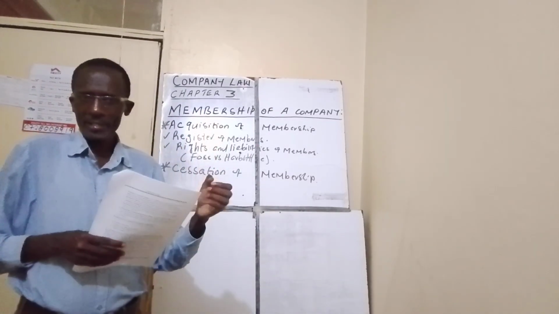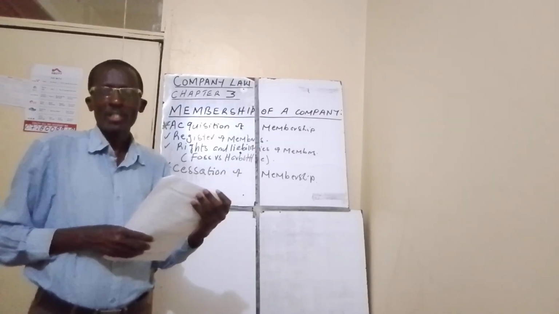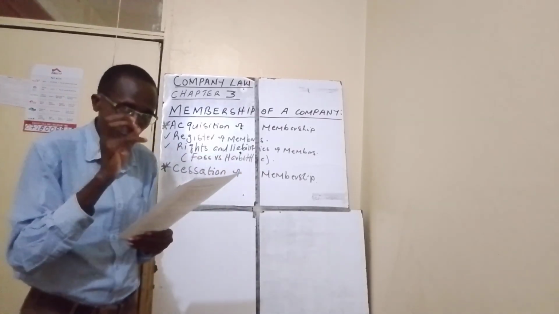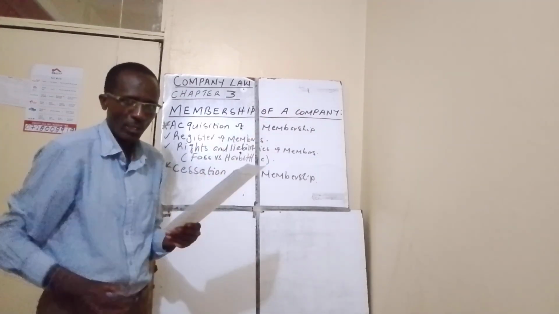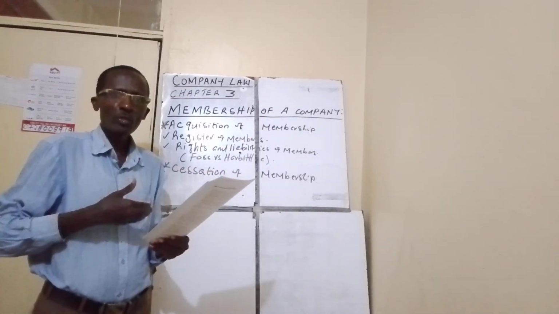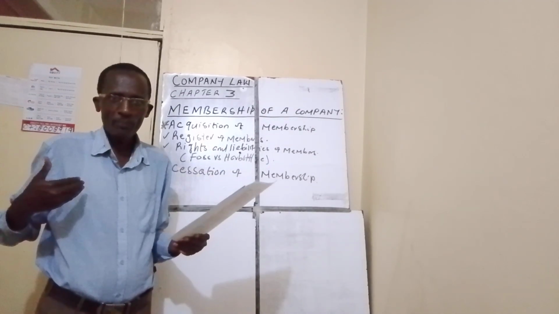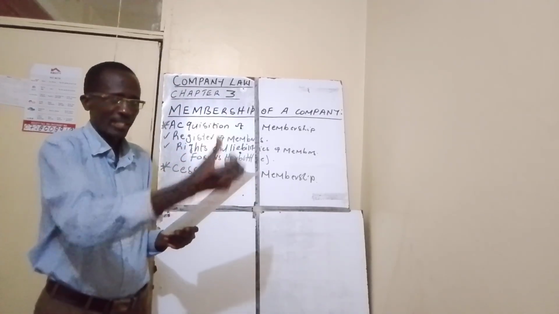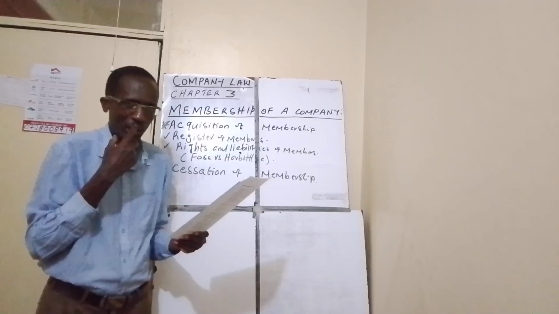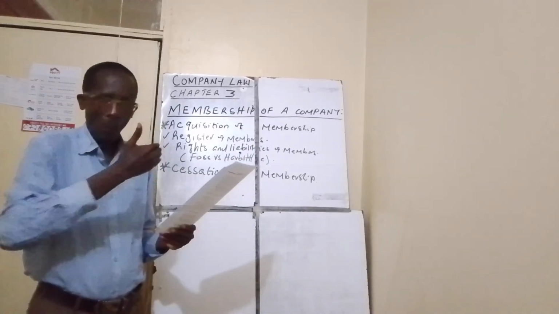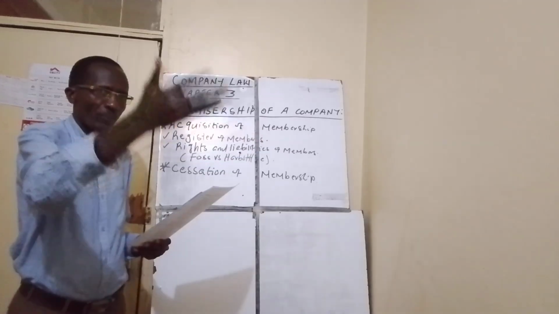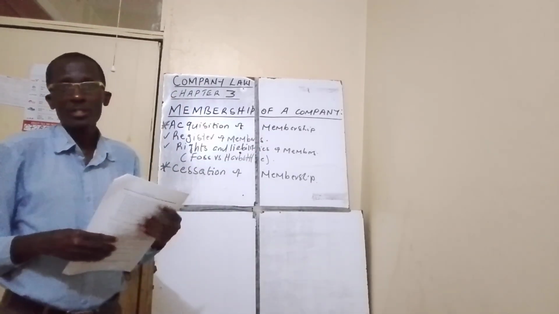The transferor is transferring all the shares to the transferee, 100%. So, transfer of shares. Once you transfer your shares to the other person, your name should be removed from the share register, and the name of the transferee is now entered into the shares register. So in this case, one person ceases to be a member, and the other person now becomes a new member.